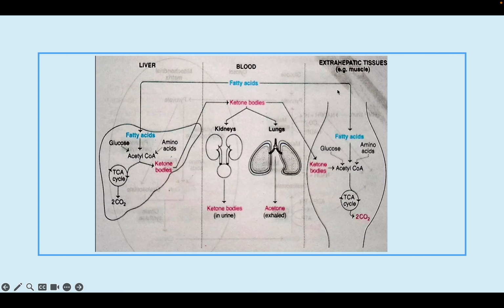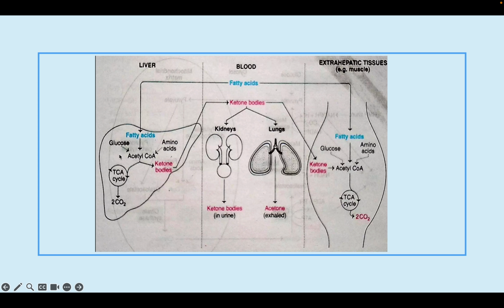And then this beta-hydroxybutyrate can further move to different tissues and release acetyl coenzyme A, which gets fed into the TCA cycle. So what we have talked about is that in the adipose tissue, the fatty acids are broken down, and these fatty acids get released in the blood, right? And these fatty acids can be taken up by the liver or by other tissues as well, and get broken down to acetyl coenzyme A with the help of beta oxidation of fatty acids that I talked about in my last video.